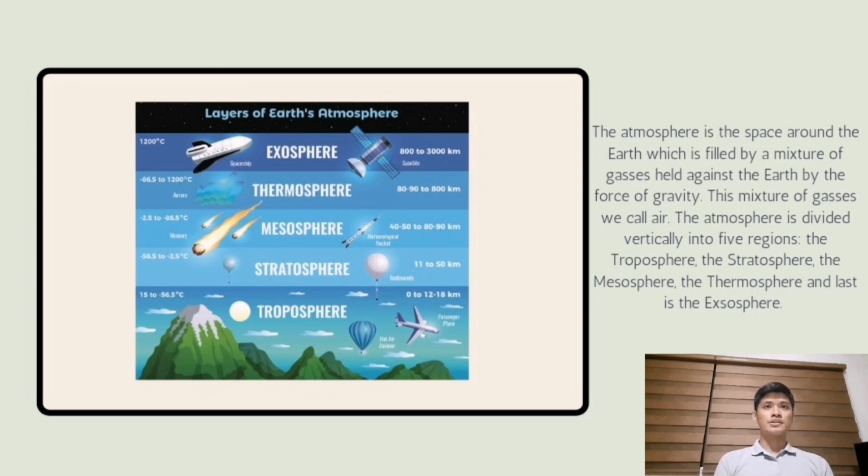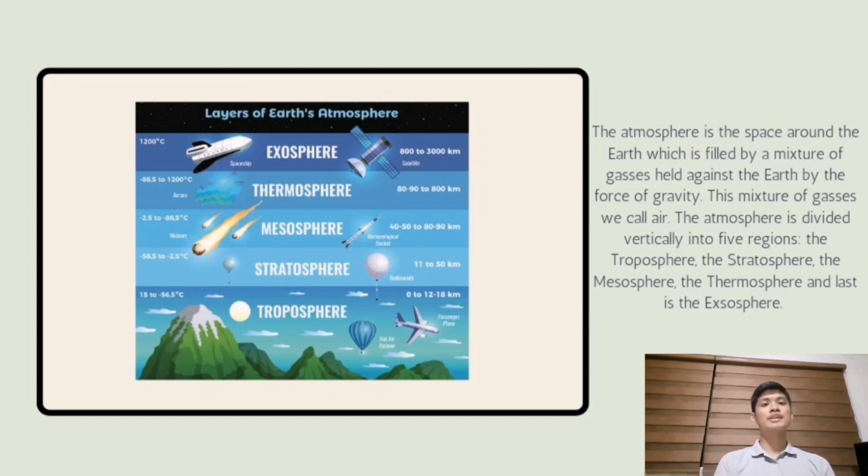So the first layer is the troposphere, second the stratosphere, and the third mesosphere. So the fourth one is the thermosphere. It is located between about 80 and 700 kilometers above Earth's surface.